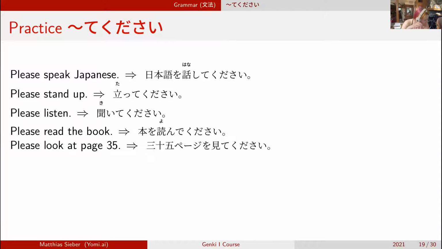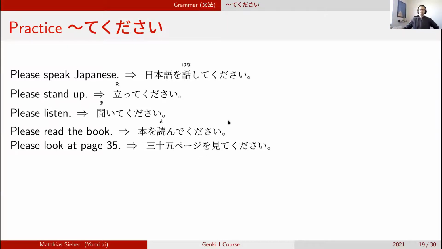What we can say is 35ページを見てください. So 35ページ means page 35.